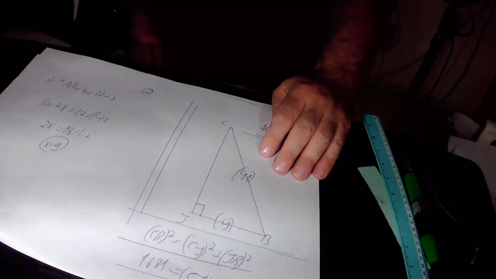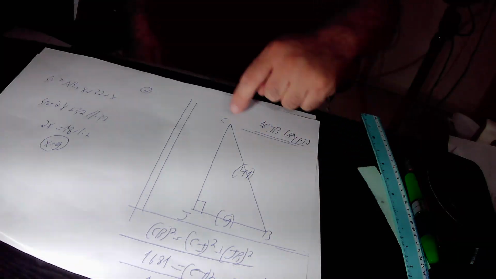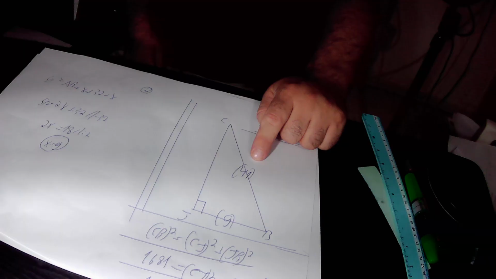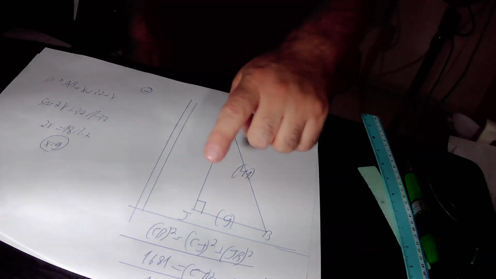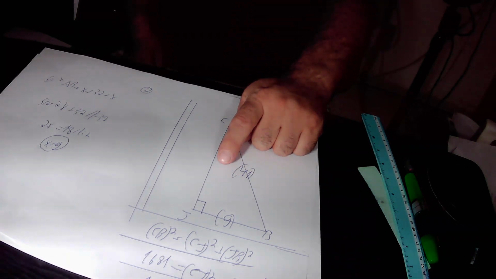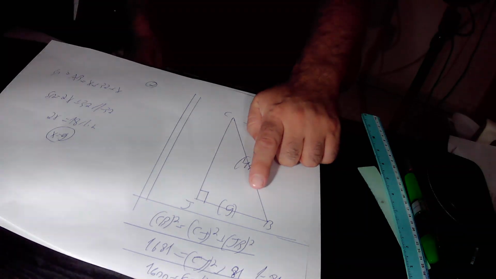According to the Pythagorean theorem, CB squared, the square of the hypotenuse, equals CJ squared plus JB squared. CB is 41, therefore CB squared is 41 squared, that is 1681, and this is equal to CJ squared, CJ is the missing side, plus JB squared. JB is 9, therefore JB squared is 81.